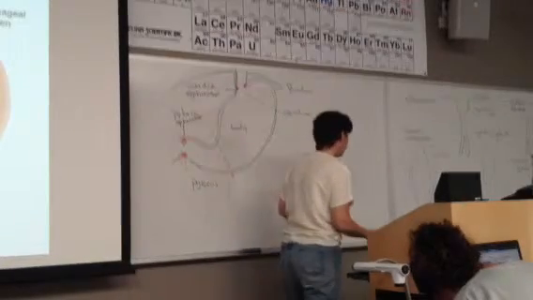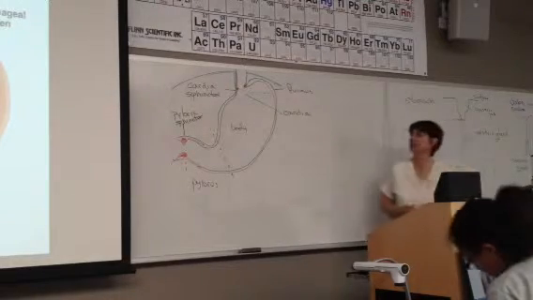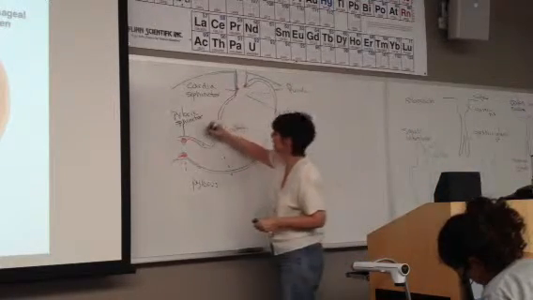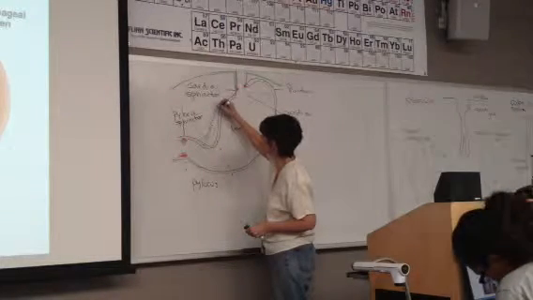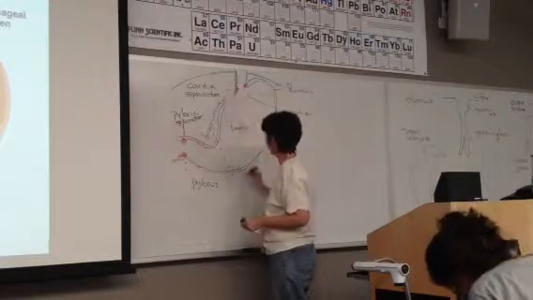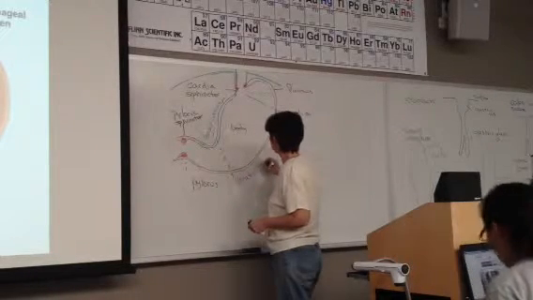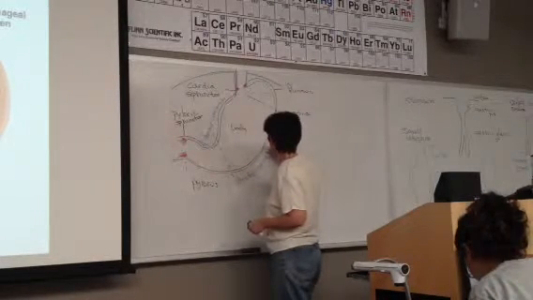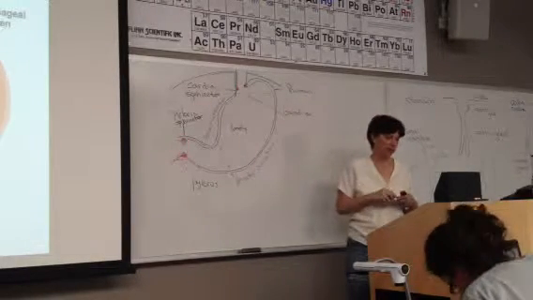We have the curvatures that we described when we were talking about the blood supply. So this would be lesser curvature, and greater curvature. Hence lesser omentum and greater omentum.